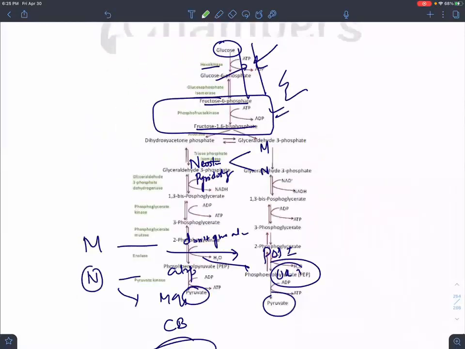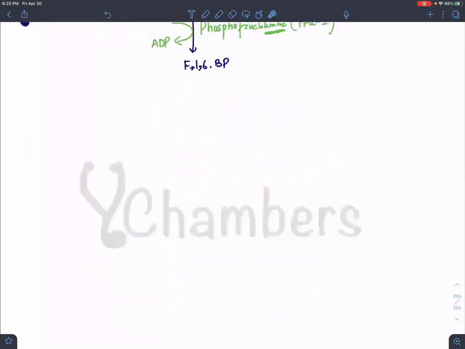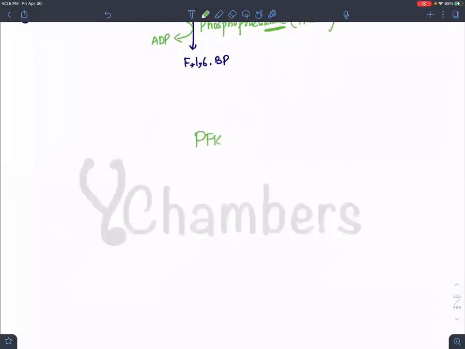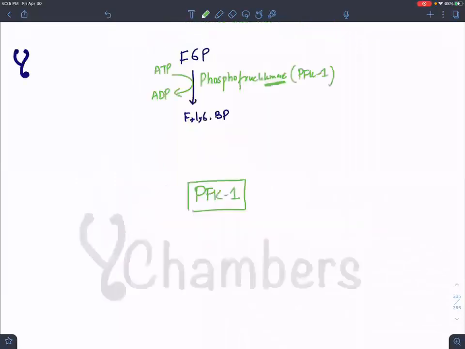This is the beautiful enzyme that is doing all this. This PFK enzyme, I'm talking about this enzyme guys. Okay, be oriented.